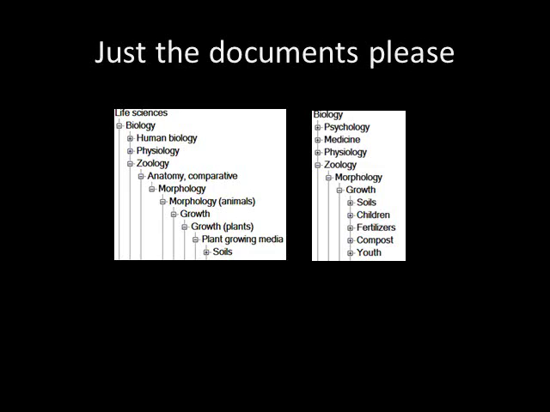There are very few items assigned to it. So in the example on the right, this seems less ambiguous, less complicated, because growth, yeah, makes sense, and then underneath soils, maybe. But we're seeing a much shallower and narrower topic hierarchy.